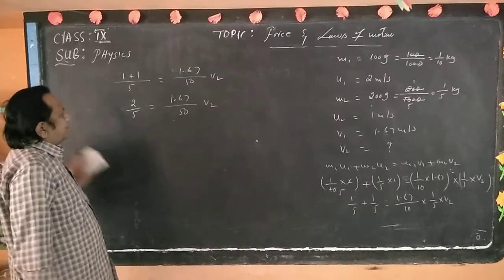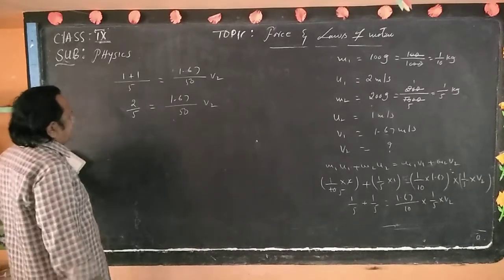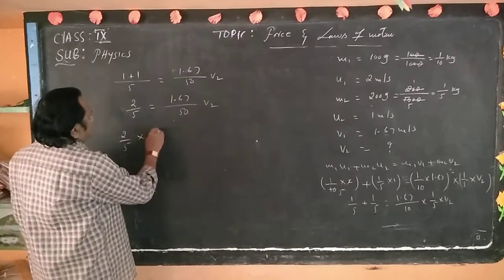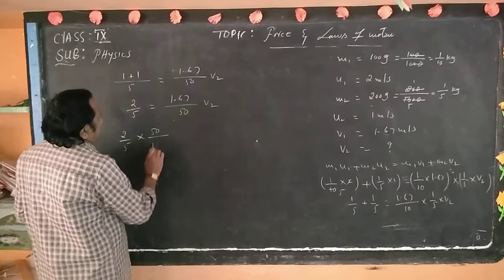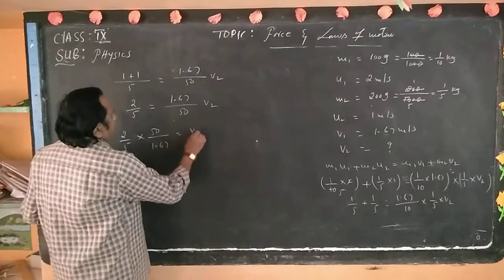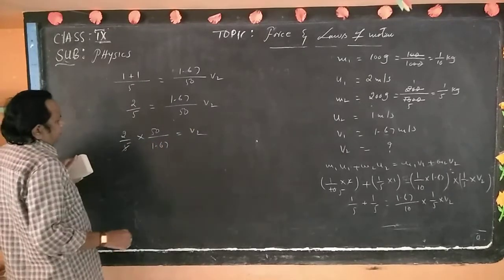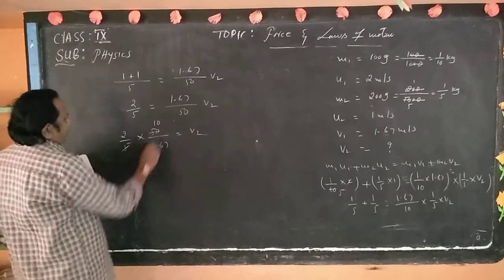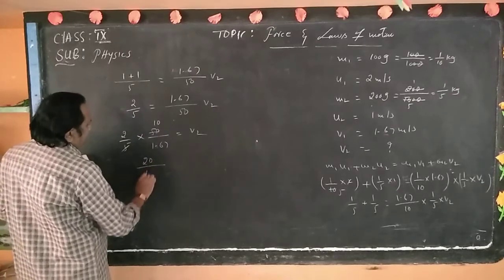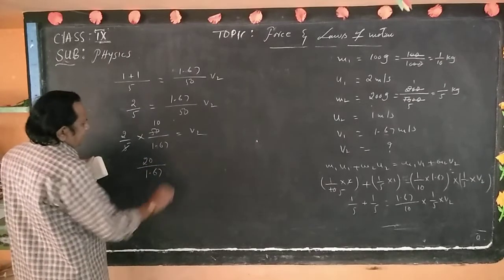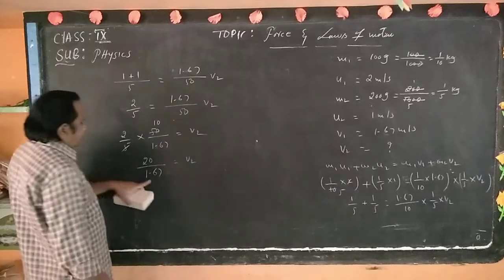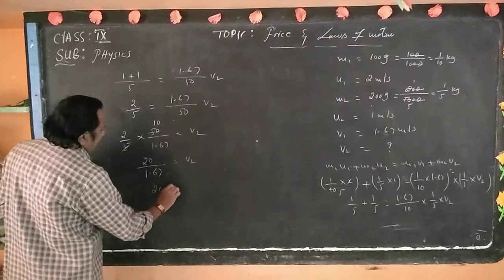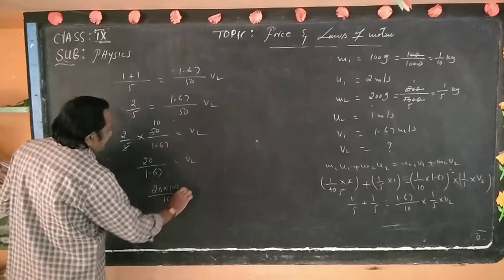Now we have to calculate the value of v2. Taking this to the other side, 2 by 5 into 50 by 1.67 is equal to v2. That is equal to 20 by 1.67 is equal to v2, or otherwise, to remove the decimal point, 20 into 100 by 167 is equal to v2.